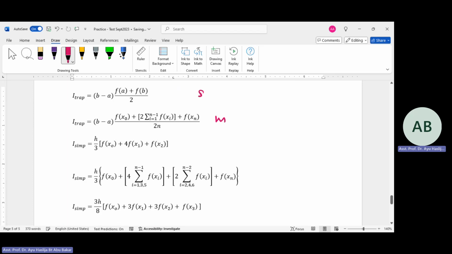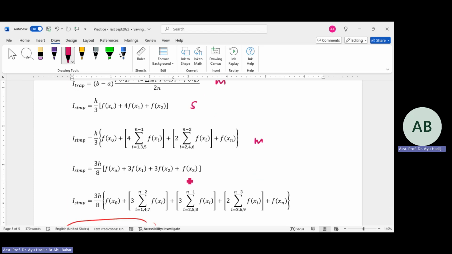Trapezoid single, multiple. Simpson 1/3 single, multiple. Simpson 3/8, this is single, this is multiple. So these are the equations that will be given.